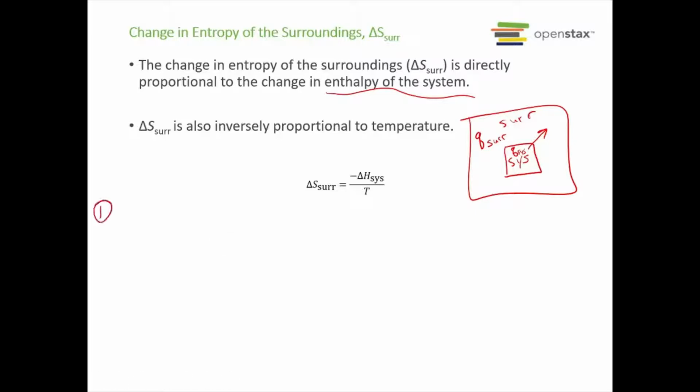So in the first case, the Q system is higher than Q surroundings.